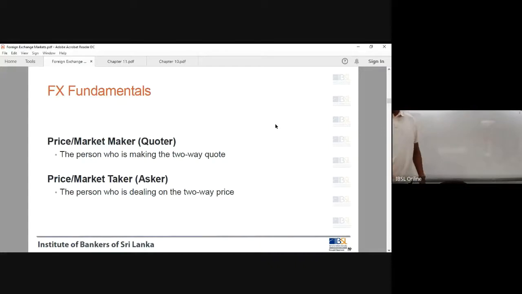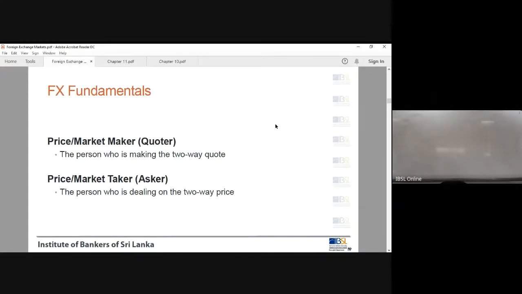Then there are 2 parties to a foreign exchange transaction. One is called the market maker.